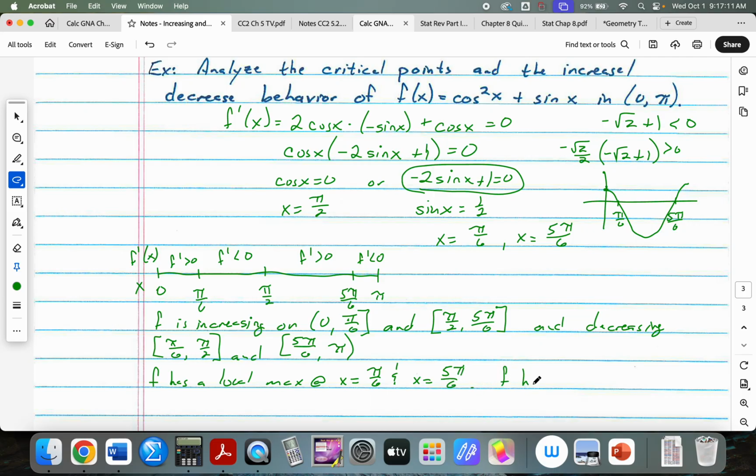And then f has a local minimum at x is equal to pi over 2.